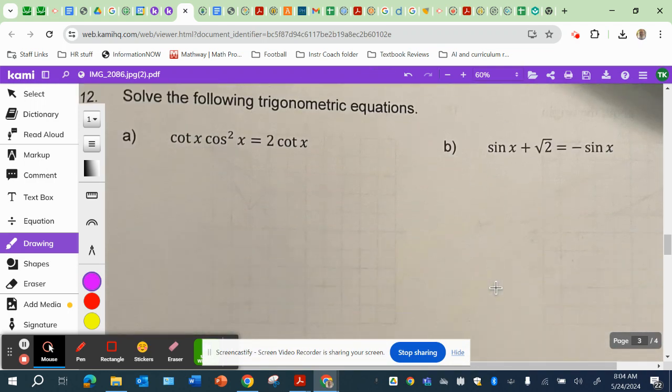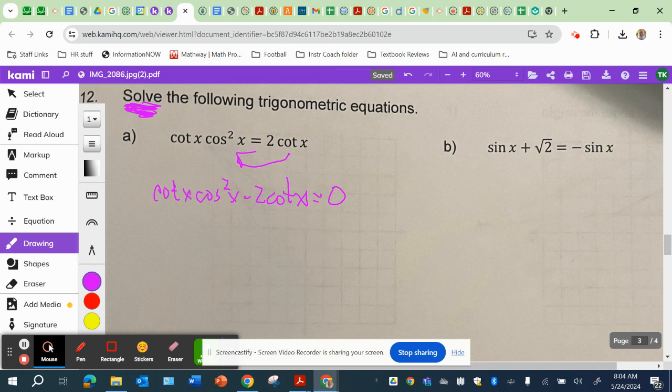Solving trig equations. So you just want to do algebra kind of things on them, but you can always change everything to sine and cosine and solve. But if we're solving, we want to simplify it down to where we can use our calculator or the unit circle. So I would get everything equal to 0. So bring this over: cotangent x cosine squared x minus 2 cotangent x equals 0.